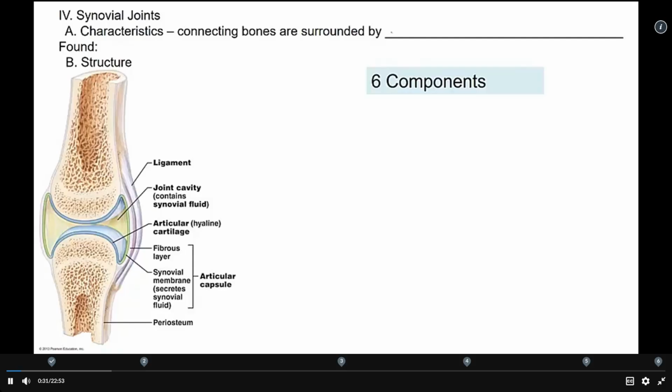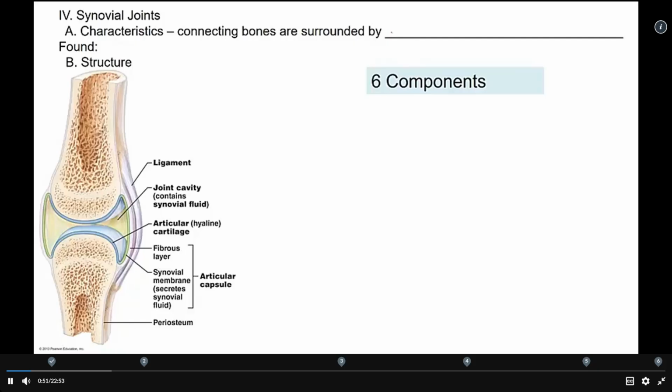So we had finished up talking about the structural categories, and we said that there were three structural categories, that is fibrous joints, cartilaginous joints, and synovial joints. So now we're going to continue on by talking about synovial joints.